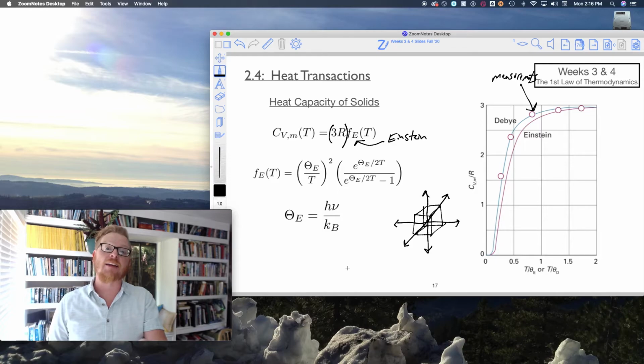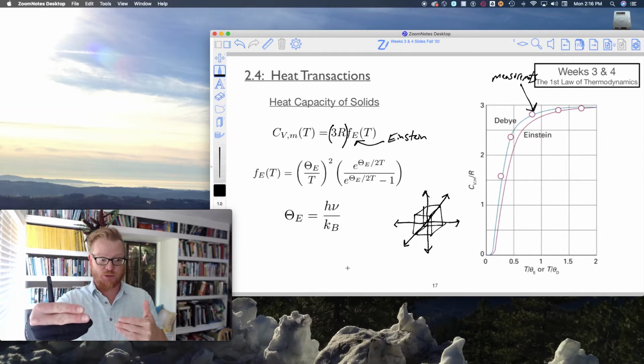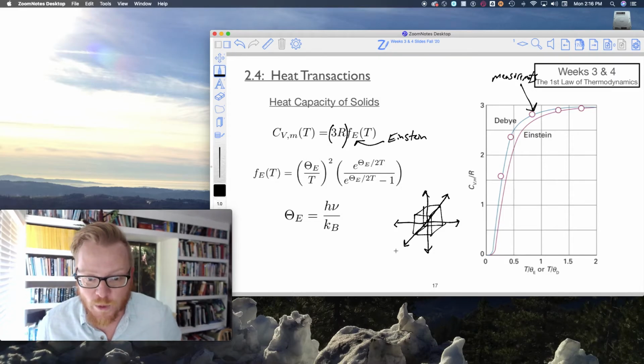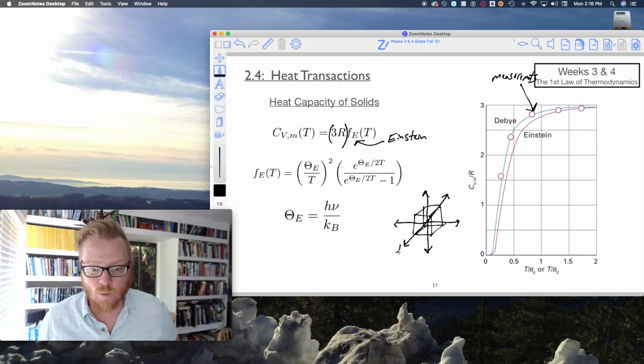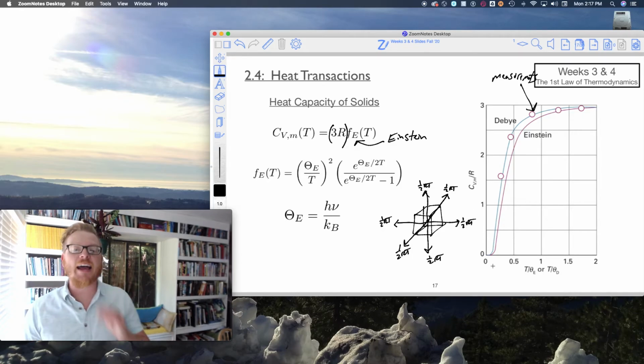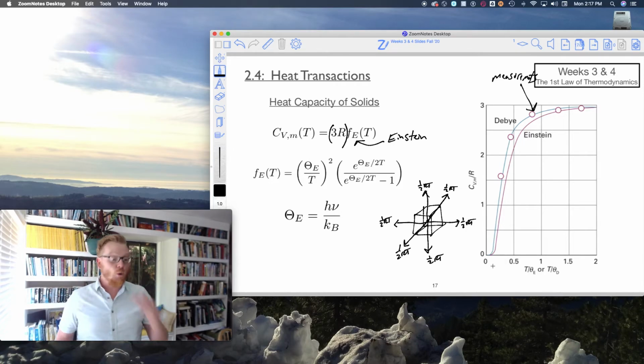They are not for a solid, because a solid has neighbors, okay? So we get 1/2 RT for each and every one of these motions. Okay? So the positive X and the negative X are no longer degenerate in a solid.